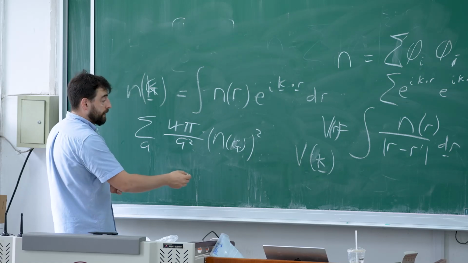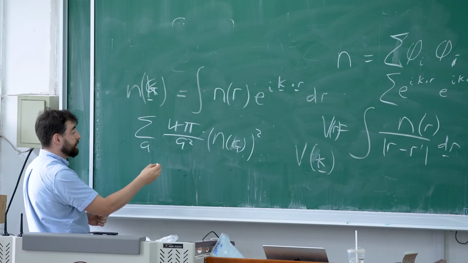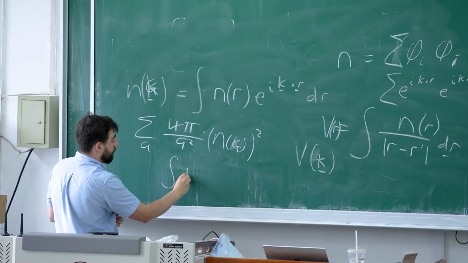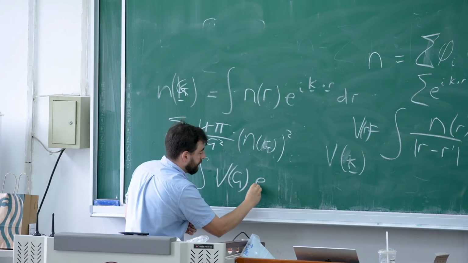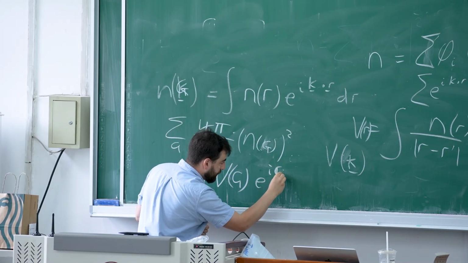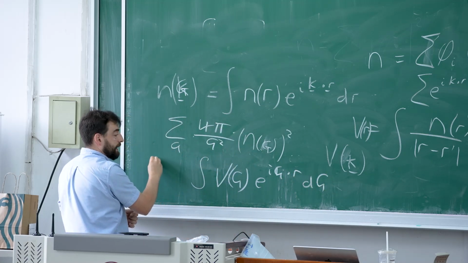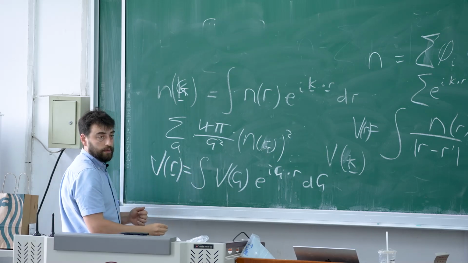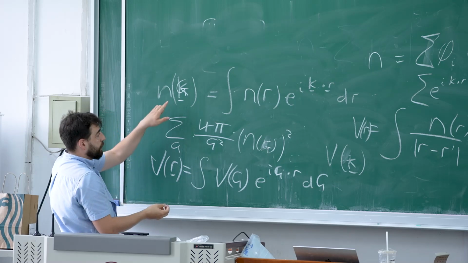And then if we want V in real space, all we have to do is take the inverse Fourier transform of V of G e to the I G dot R dG, right? And that gives us V of R, right? So it's a simple thing.